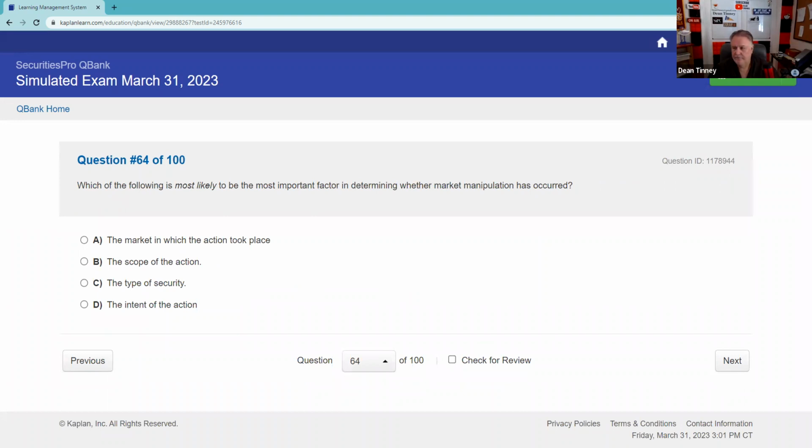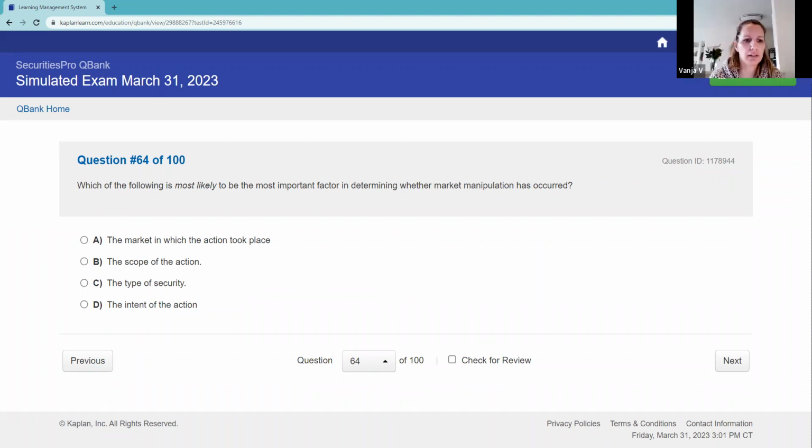Which of the following is most likely to be the most important factor in determining whether market manipulation has occurred? The market in which the action took place, the scope of the action, the type of security, the intent of the action. The type of security shouldn't have any impact. Put on your compliance hat.